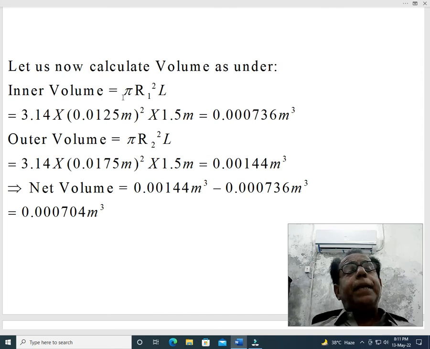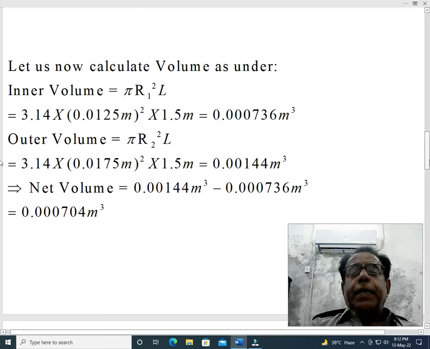We have placed the value of R1, that is R1 square, which we have shown in the first step of the solution of this problem. Okay, similarly we have used the value of R2, which we have shown in the starting part of this problem. Moreover, we have used L equal to 1.5 meter, which is given in the problem statement.